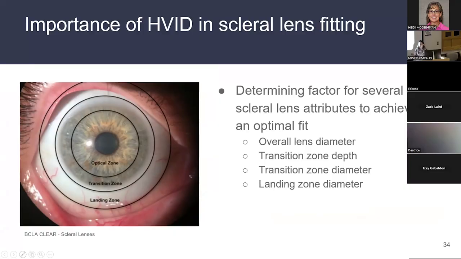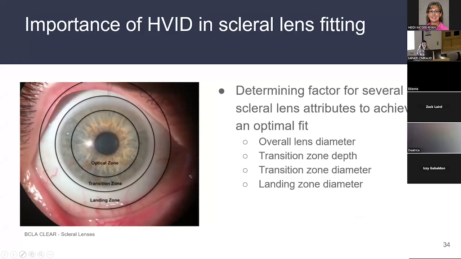Let's say if I don't have enough space to vault the HVID or how wide that HVID is, I can change the transition zone diameter to align with the HVID without changing the overall diameter of the lens. These are all things I can do to optimize the fit if I know the HVID of a patient. And that's something that as a technician, you definitely could measure if a provider asked you to.